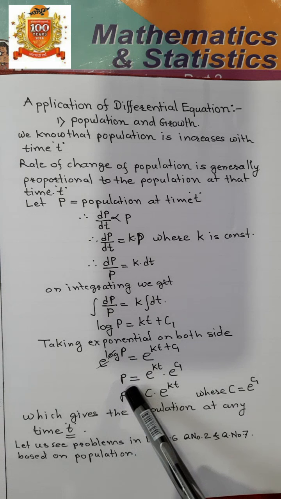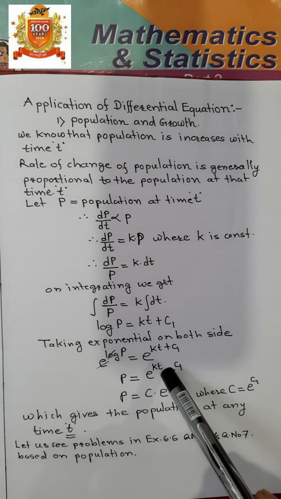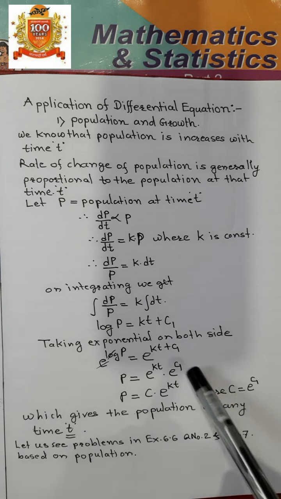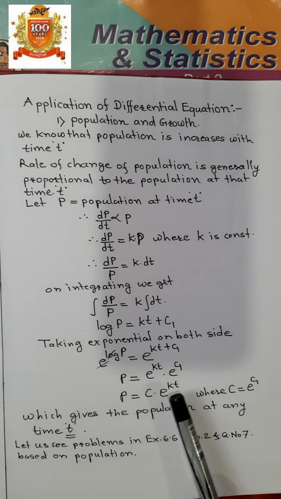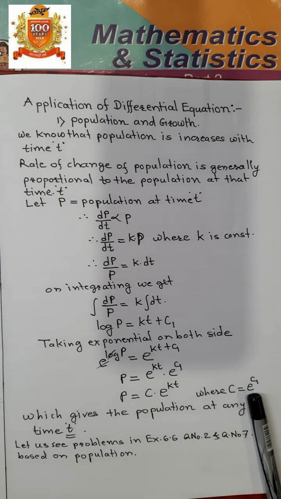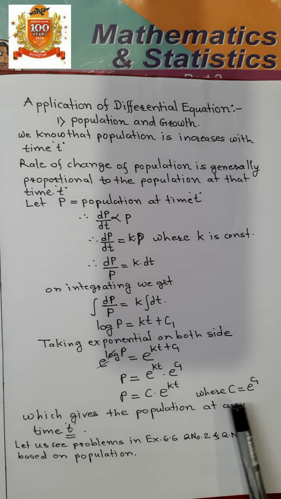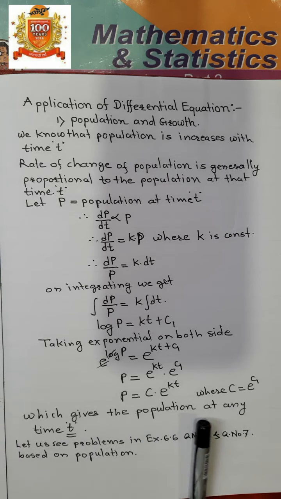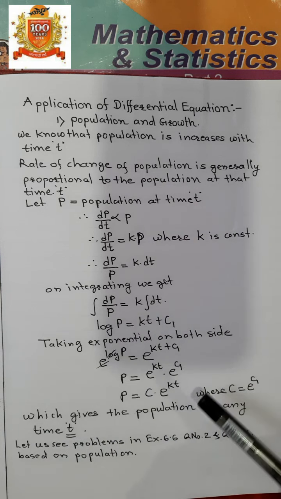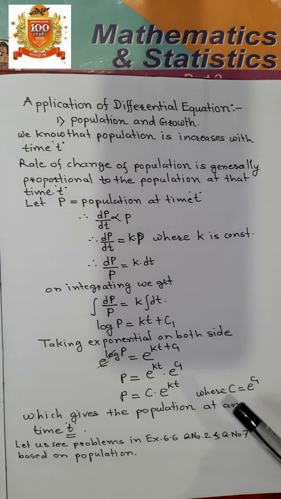We have on the left side P is equal to e raised to power kt into e raised to power c1, by using the laws of indices. Therefore, P is equal to c into e raised to power kt, where c is equal to e raised to power c1. This is also a constant. Therefore, we replace this constant by c, which gives the population at any time t. In this way, by using this method, we can find the population at time t.